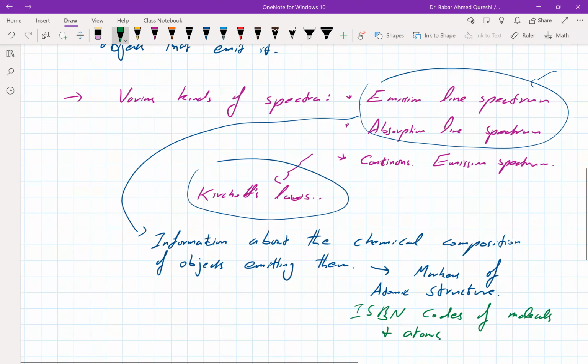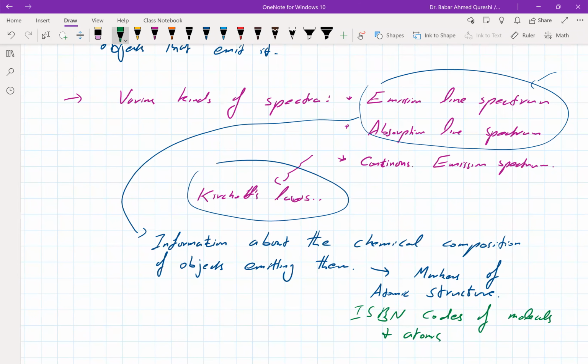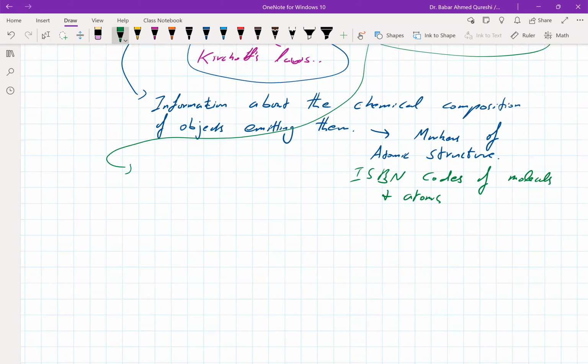So we have this information, and then on top, the continuous emission spectrum.